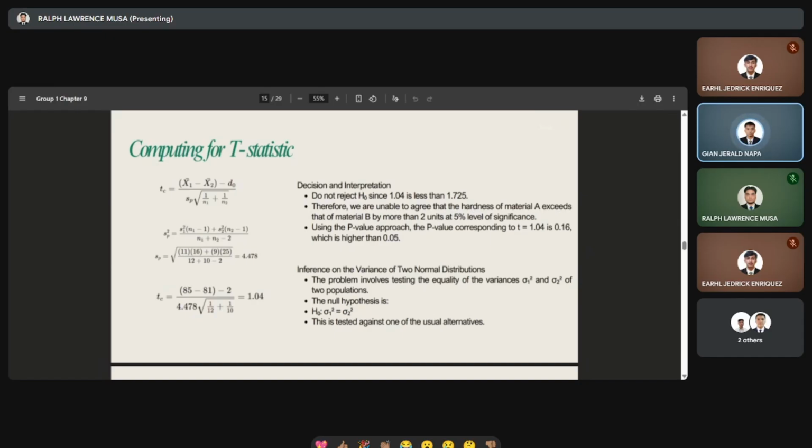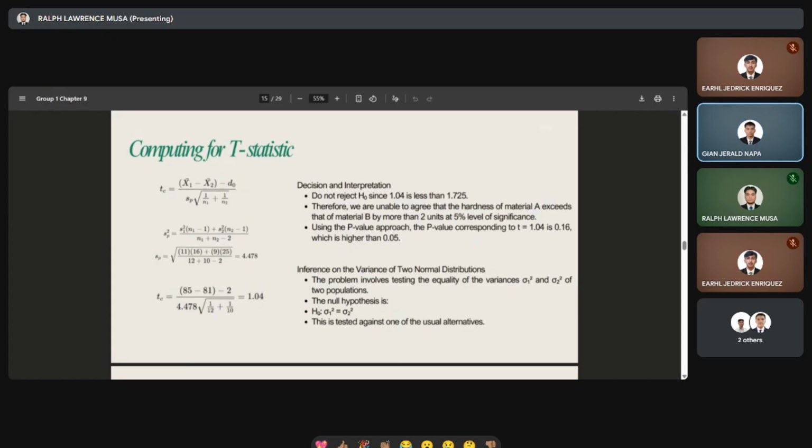Next, inference on the variance of two normal distributions. The problem involves testing the equality of the variances sigma sub 1 squared and sigma sub 2 squared of two populations. The null hypothesis is H sub 0 is sigma sub 1 squared equals sigma sub 2 squared.